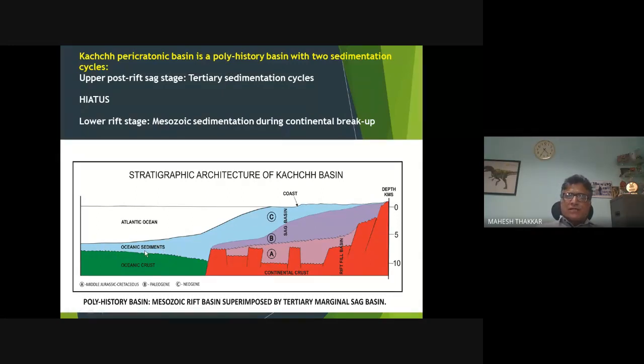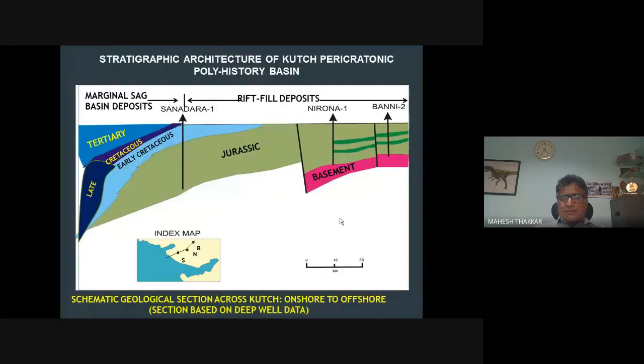And if you can see the open sea of Kachchh offshore, we have these sediments, Paleogene, that means the Eocene, Oligocene, Miocene, Pliocene sediments, as well as Neogene and Paleogene sediments in the oceanic offshore of Kachchh.